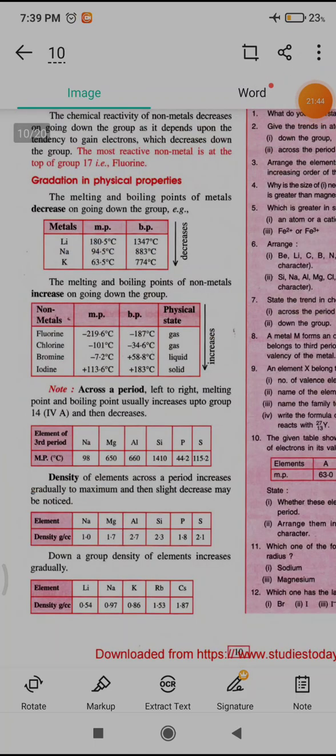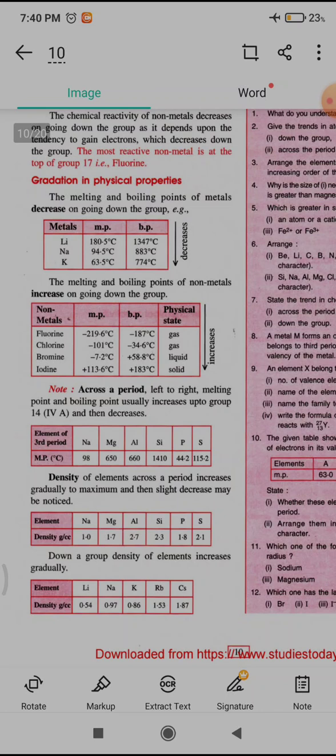Next, let us see the variation or gradation of the physical properties. You know, metals are soft and non-metals are hard for the most part. So obviously metals have low melting and boiling points, and down a group the metallic character increases, I mean metals are more there.